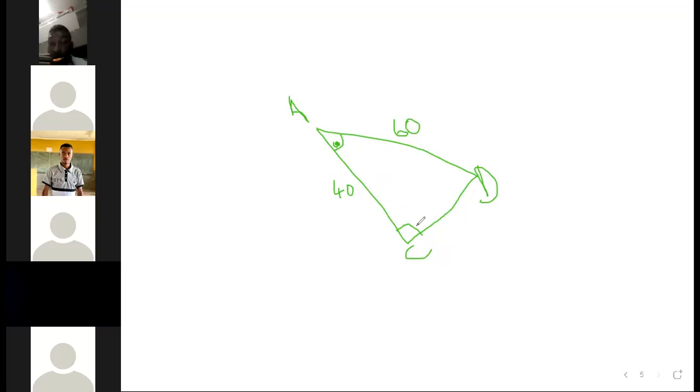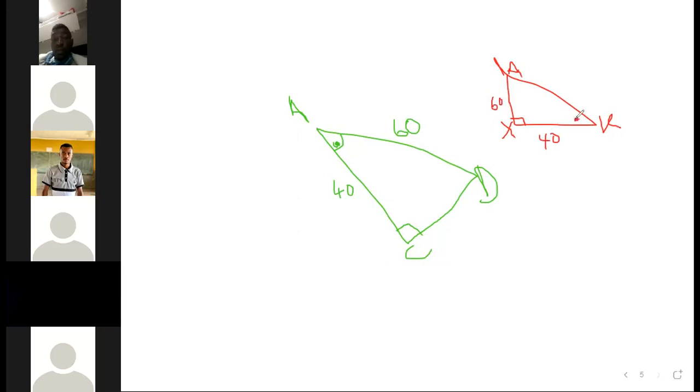Adjacent. Thank you. That's why I'm using cosine. If I had something like this, a right angle triangle with 40 here and then 60.